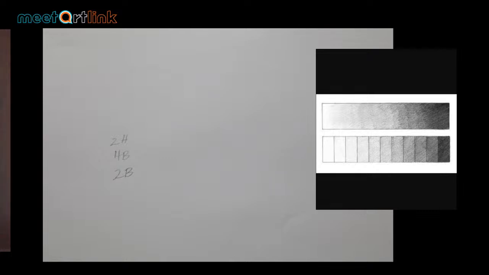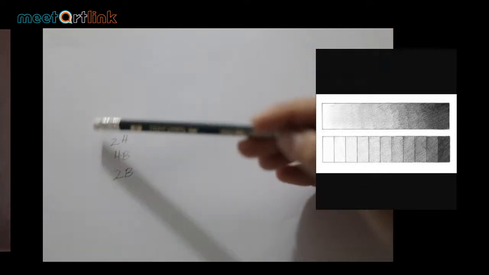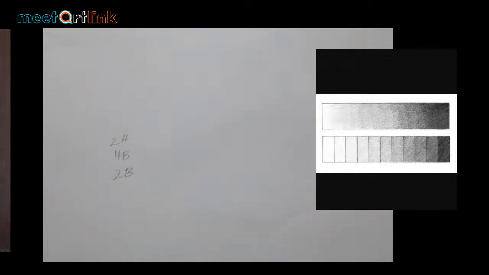If you go more to the H, it's going to be a harder pencil, so it's going to provide softer strokes. And if you go to the B's, it's going to be darker. We're going to play with these three. You usually can find up to 4H, 7H even, and on the others I also like 8B. And I want you to do this exercise that I'm showing on the screen, where we're going to work with the gradients.